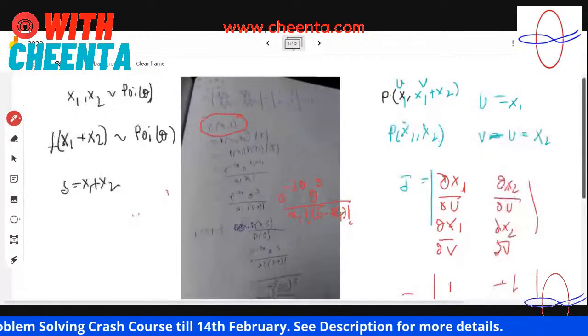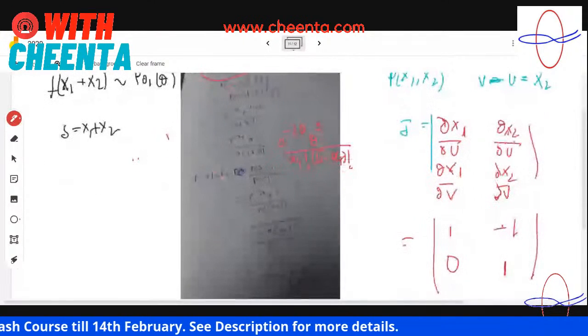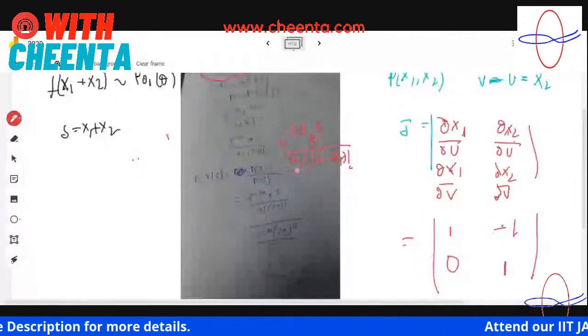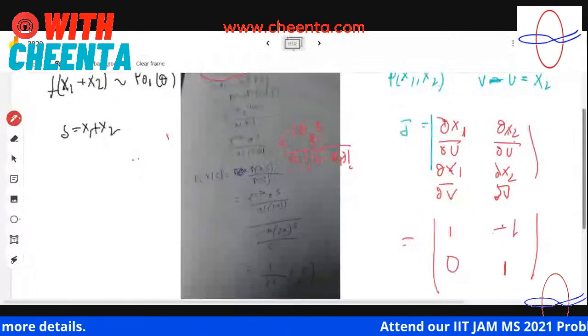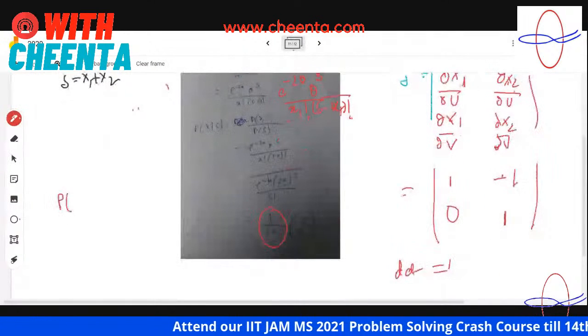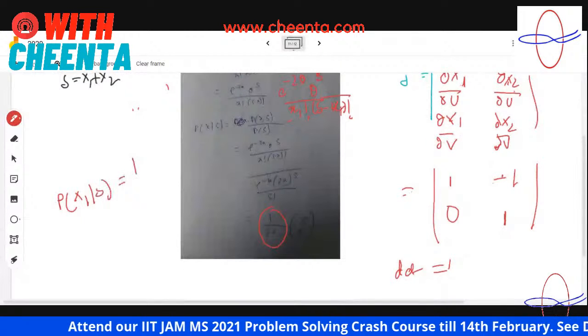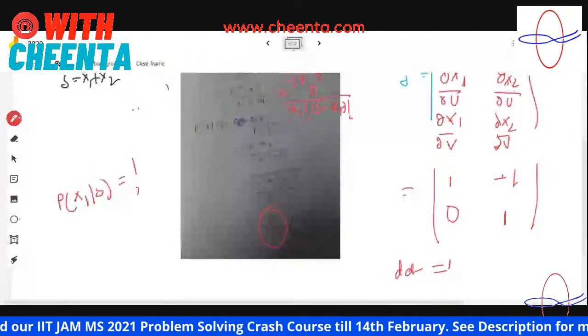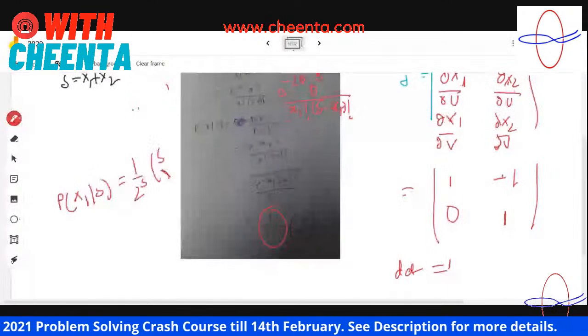Okay, and therefore you need to find the probability of x given s. The probability of x given s is the probability of x comma s divided by the probability of s. So you just find it out, and he finds the probability of x1 given s to be 1 by 2 to the power s, s choose x1.